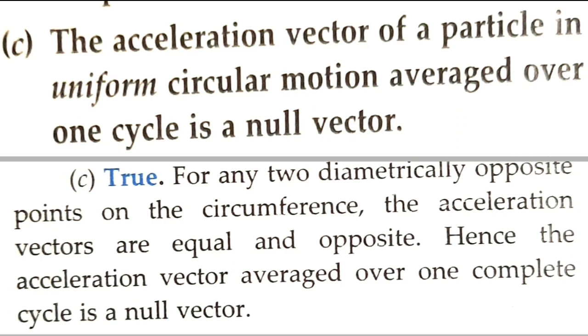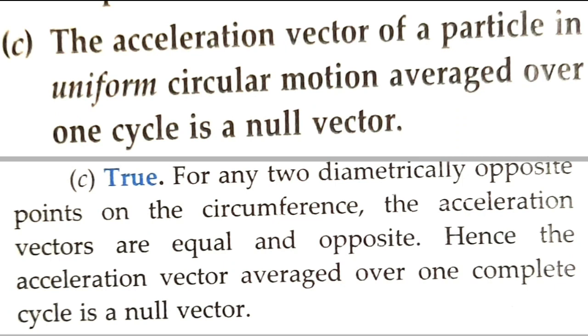So always the acceleration vector in uniform circular motion has the same magnitude. Because of the symmetry of the motion, for a diametrically opposite point, that acceleration direction will be opposite. For each point on the circle, there will be a diametrically opposite point. That is the symmetry of the circle.